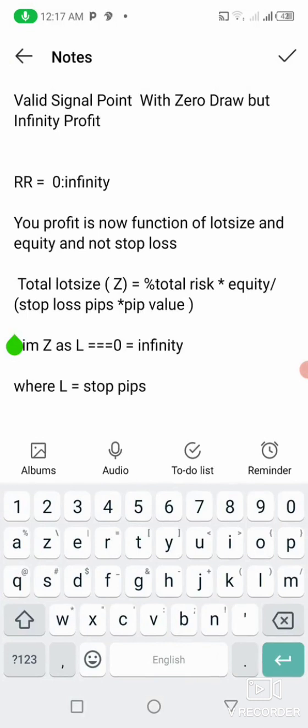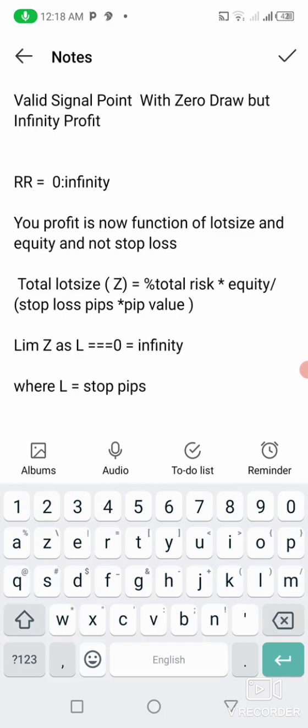Now the lot size is percentage total risk. Now you are going to risk 100% of your equity. In this case, after you have run your equity allocation, which is you divide your equity because it's the risky stuff, now we are going to risk $200, which is 100%.